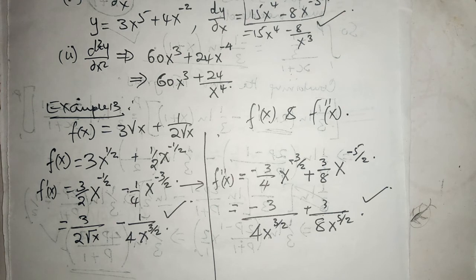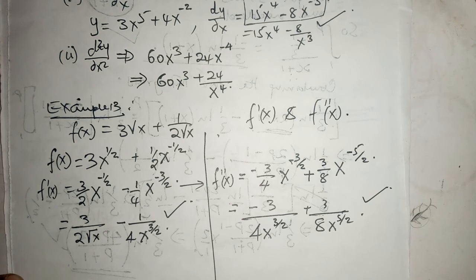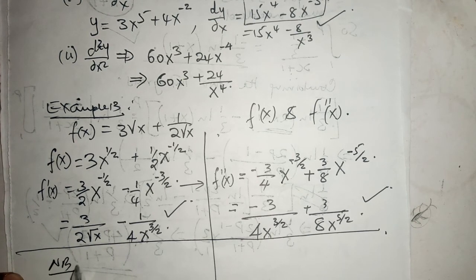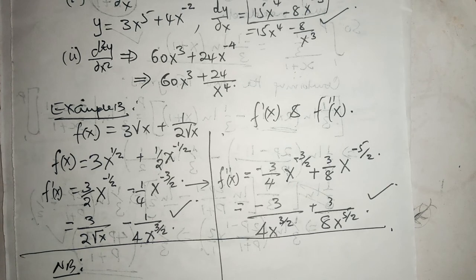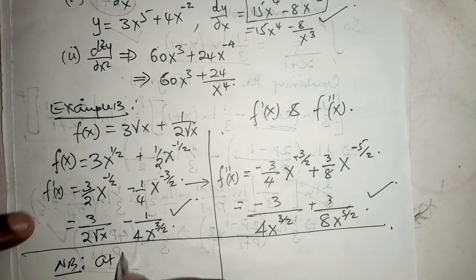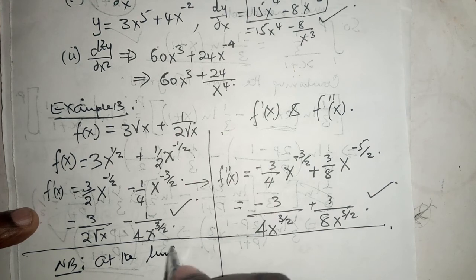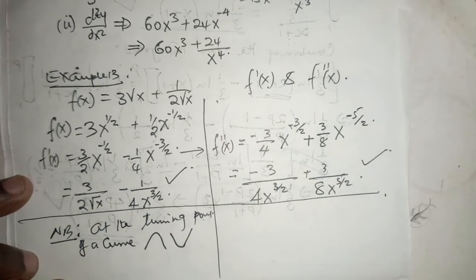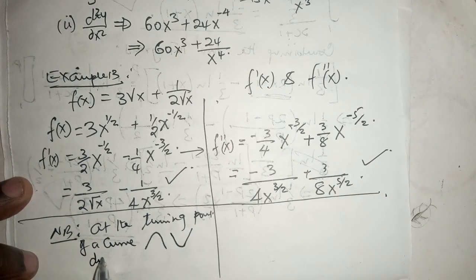All right, and before we get over with this video, very importantly, NB, I want to mention something. At the turning point of a curve, it could be maxima or minima, please note dy/dx is 0.